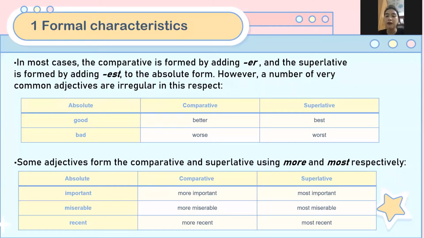And finally, some adjectives form the comparative and superlative using more and most respectively. Here are some examples: important, more important, most important; miserable, more miserable, most miserable; and recent, more recent, and most recent.